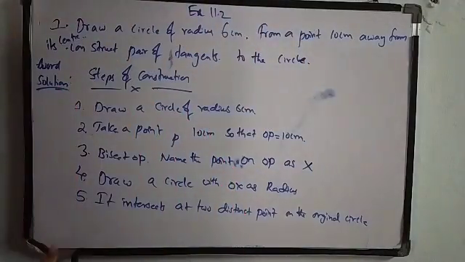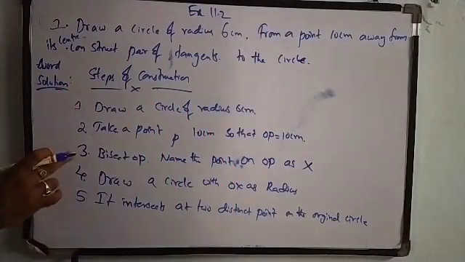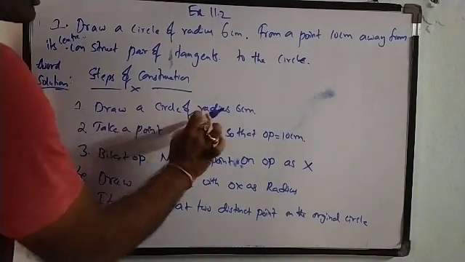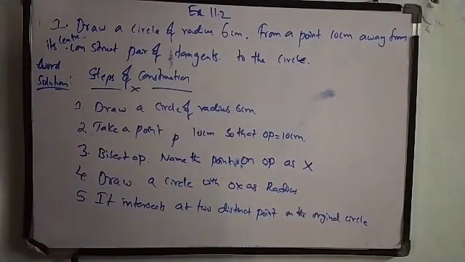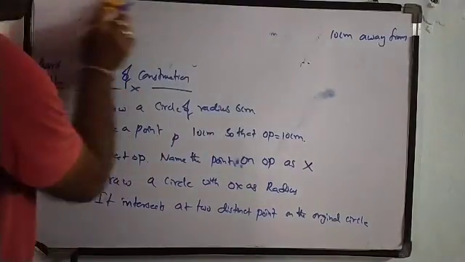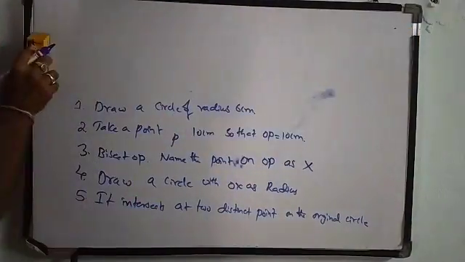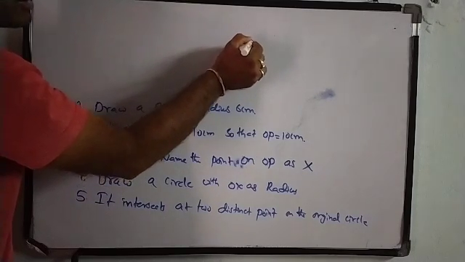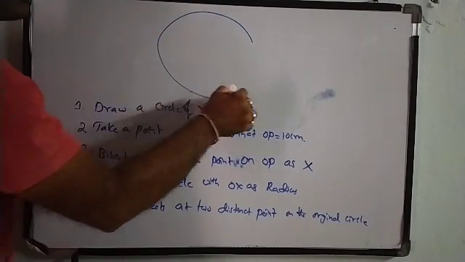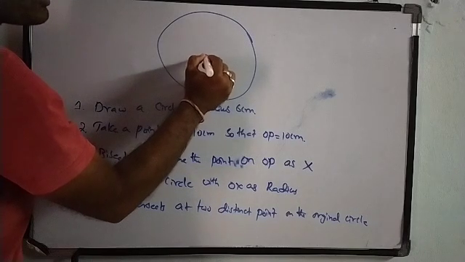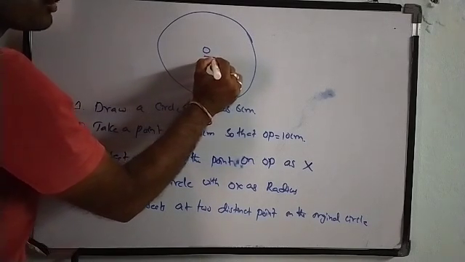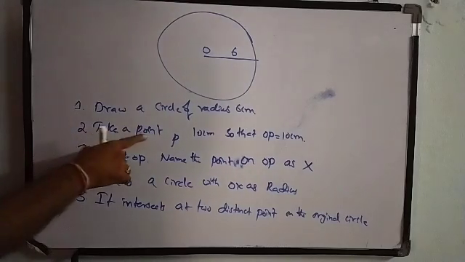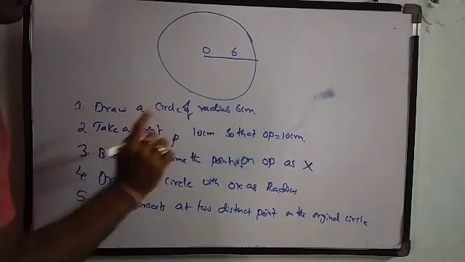Okay, let us understand these steps first. First step is draw a circle of radius 6 centimeters. So with the help of a compass, let us draw a circle of radius 6 centimeters with center O. Next, take a point P so that OP should be 10.